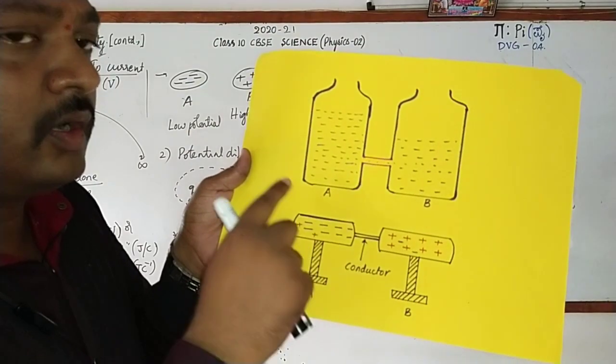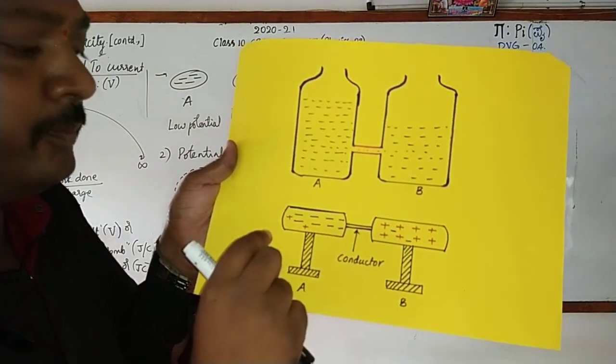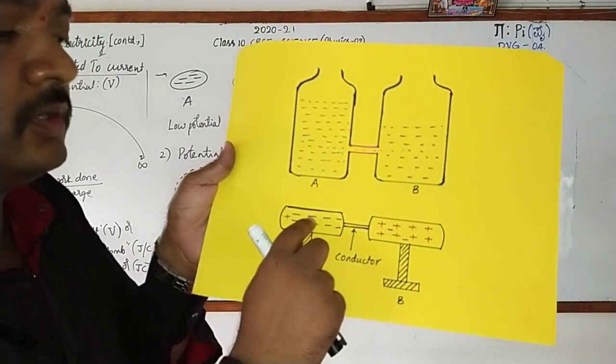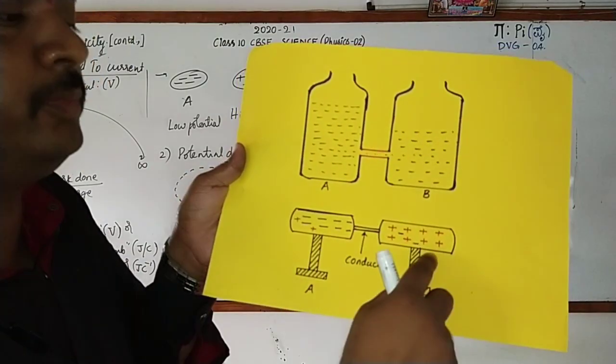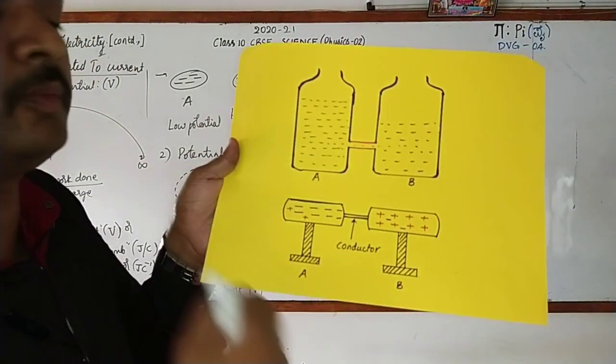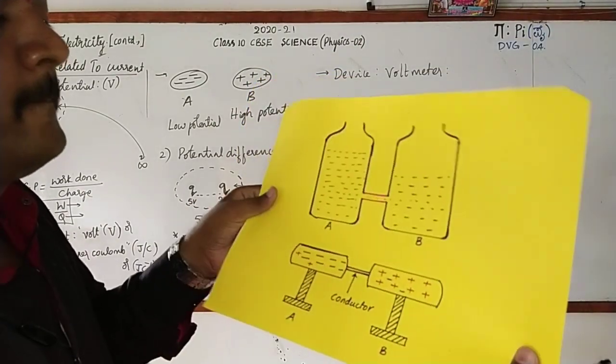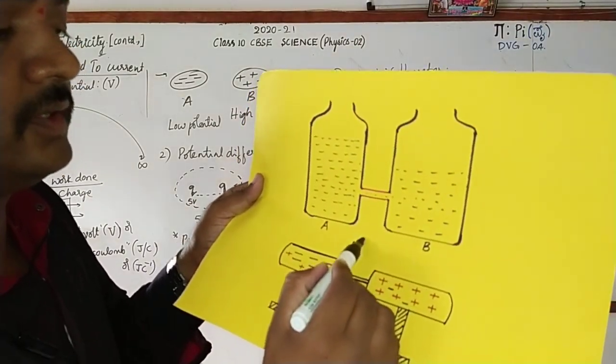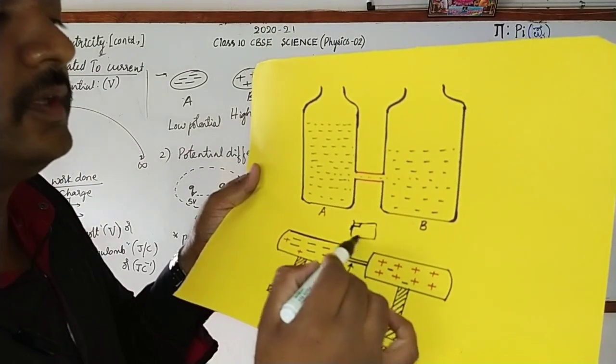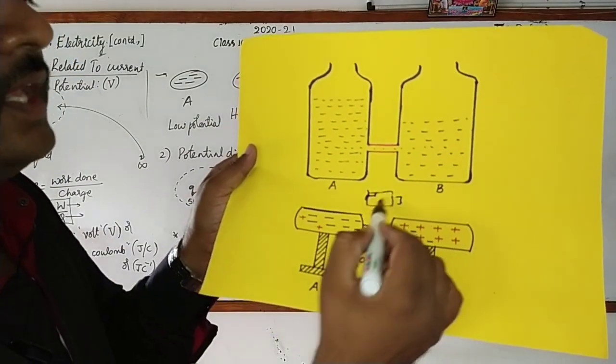Here, what do you do to make the charge particles, that is electrons, flow from A to B continuously and uniformly? Yes, you will use a device. What is that device? It is a cell.